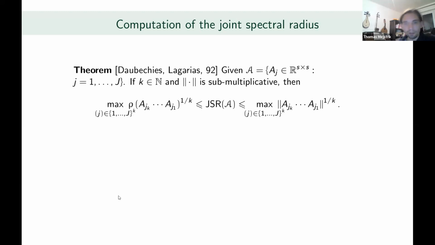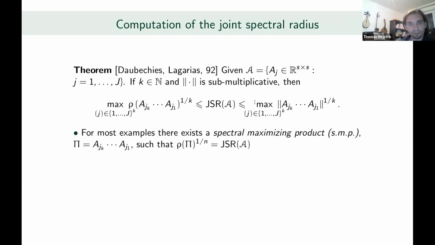This theorem gives lower and upper bounds on the joint spectral radius. It says, given any integer and any submultiplicative norm, then the spectral radius of any matrix product is a lower bound, and the maximum over all matrix products of length n in norm is an upper bound.